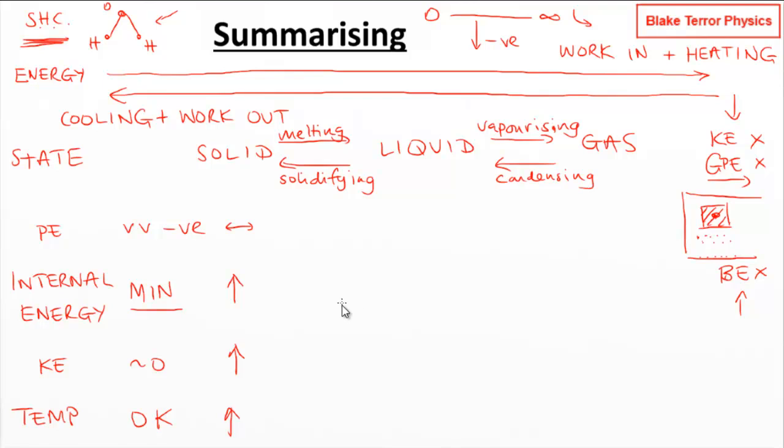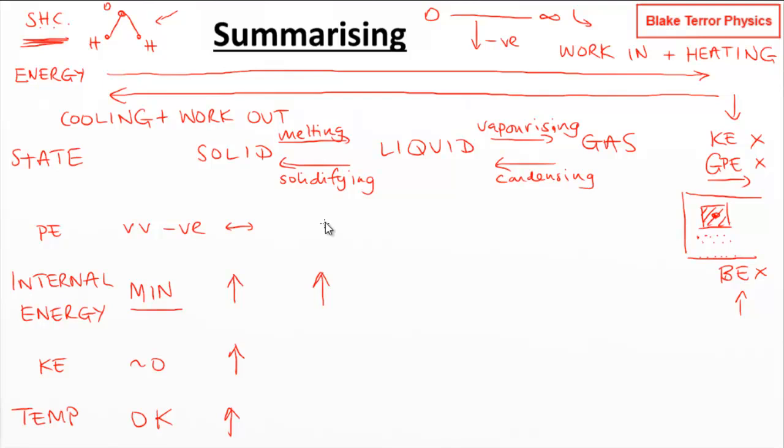And this carries on until we've got enough kinetic energy that the atoms or molecules start breaking the bonds between them. They've got enough kinetic energy to start moving from a solid where they're tightly bound in place to a liquid where they're less tightly bound in place. Now we're getting a phase change. When we get this phase change, the internal energy is still going up because we're still putting energy in, but now we're getting a change in the bonds.